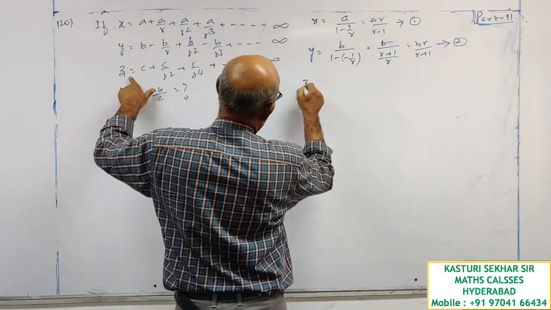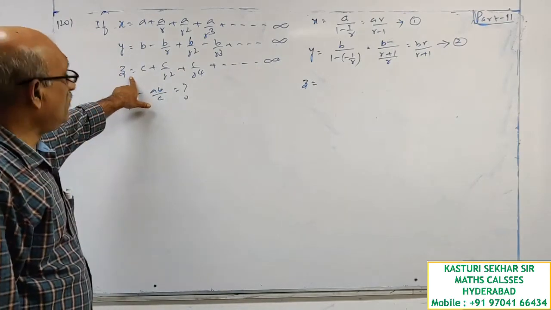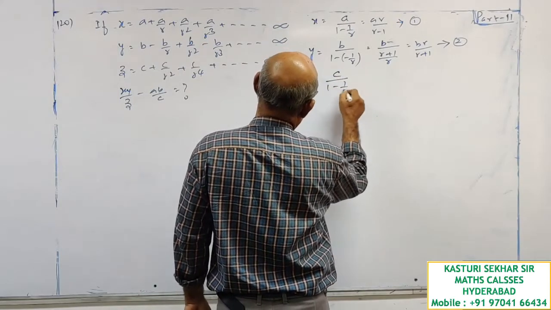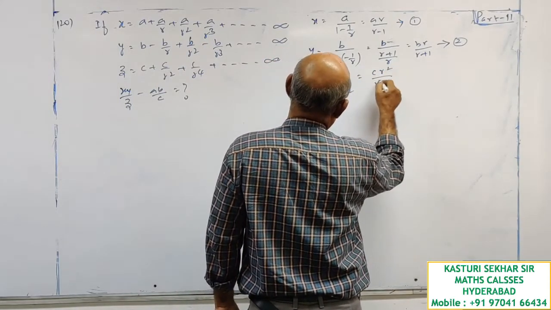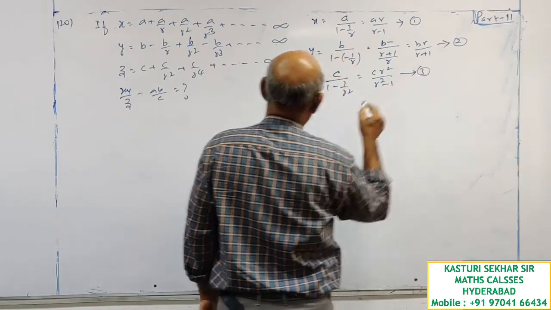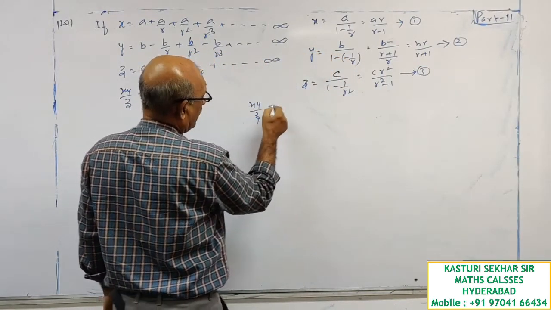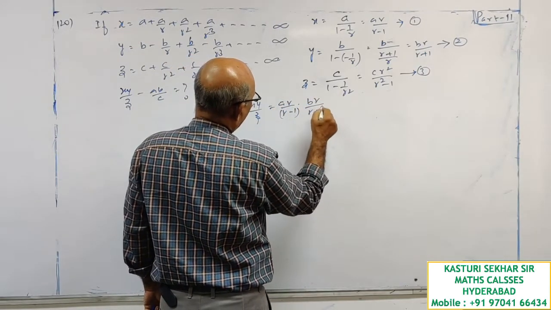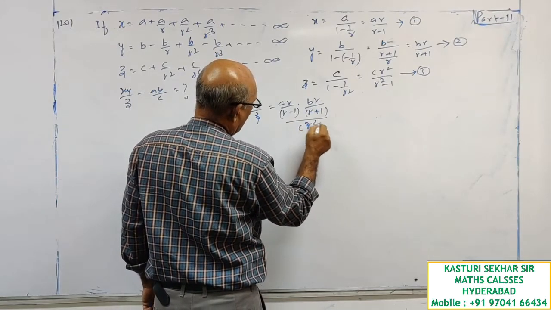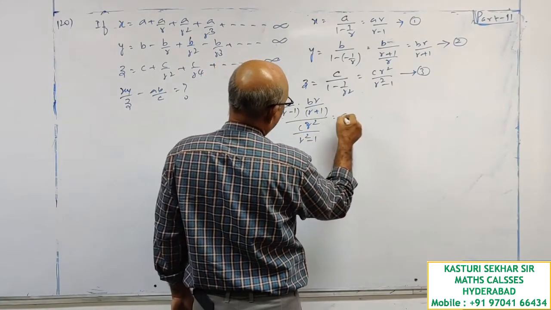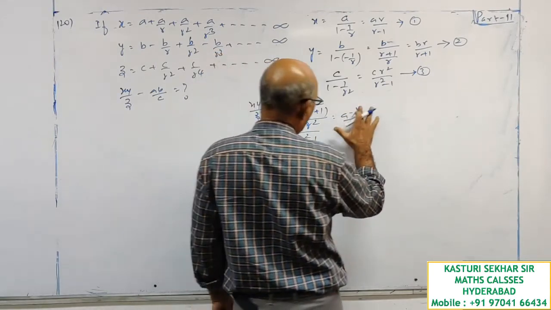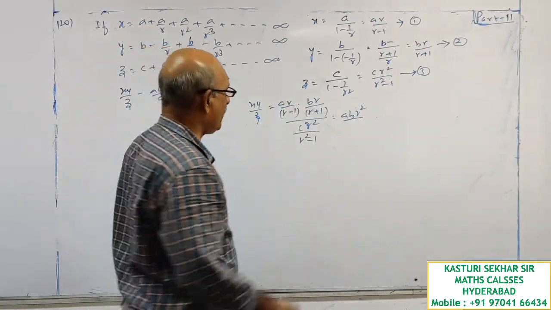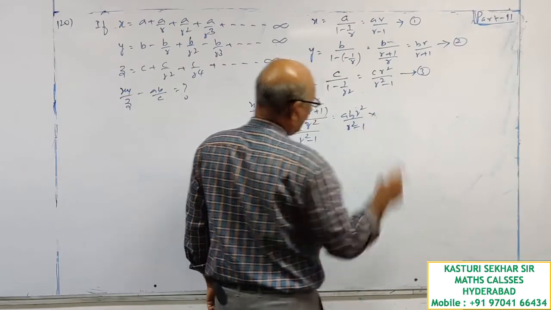Third one is also in geometric progression with the common ratio equal to 1 by r square. So z is cr square by r square minus 1, relation number 3. Xy by z is equal to ar by r minus 1, br by r plus 1, over cr square by r square minus 1.